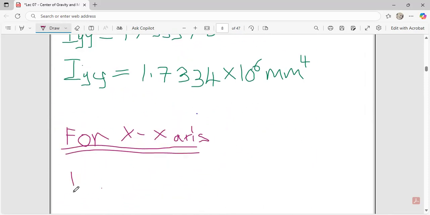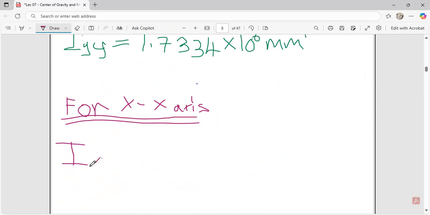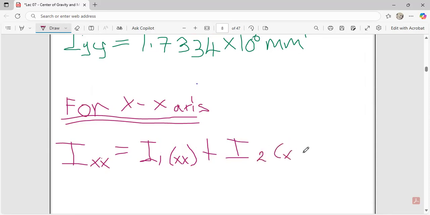So this one too, the Ixx is equal to the part 1 of the xx plus the part 2 of that.